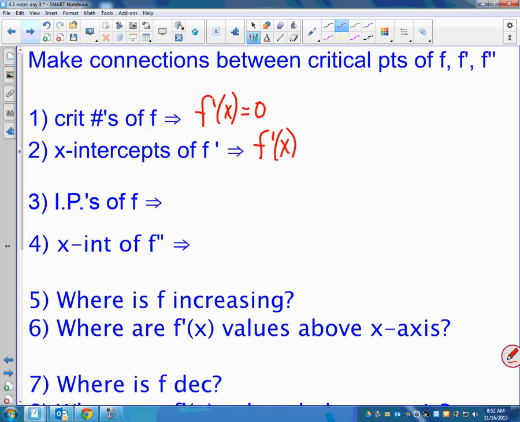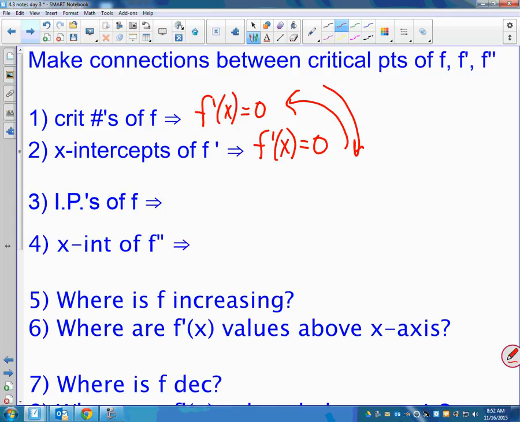Is that just where it also crosses 0? The critical numbers of your function are the x-intercepts of the graph of the derivative. Or the x-intercepts of your derivative graph are the critical points of your function, your relative extrema.